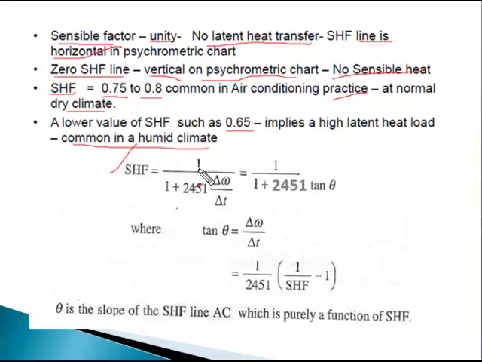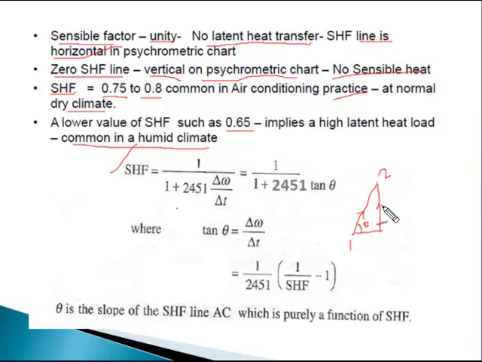This is equal to 1 upon 1 plus 2451 into del omega divided by del T, which is equal to 1 upon 1 plus 2451 into tan theta, where tan theta is equal to del omega divided by del T. On the psychrometry chart we can see a process from 1 to 2, and this is the angle theta.